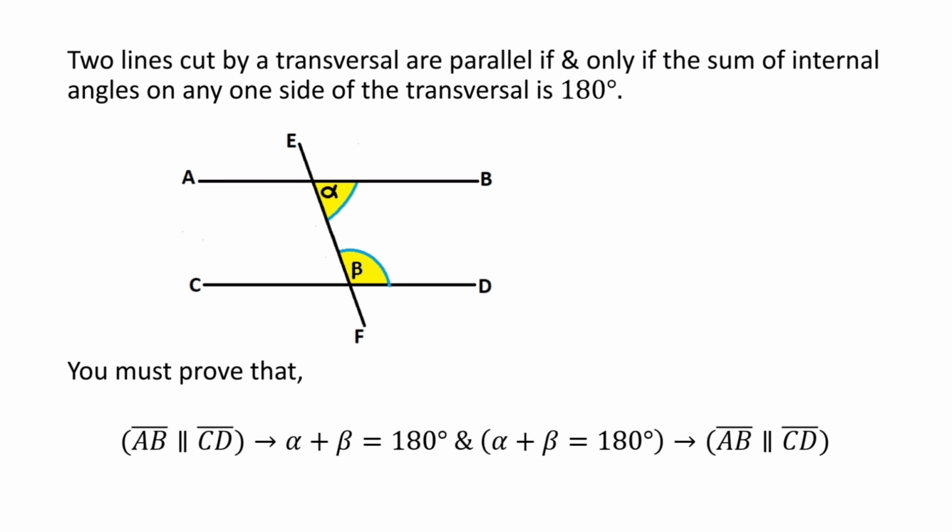This is a bidirectional implication. So for the complete proof, you must prove both: if AB is parallel to CD, then the sum of alpha and beta is 180 degrees, and if the sum of alpha and beta is 180 degrees, then AB is parallel to CD.